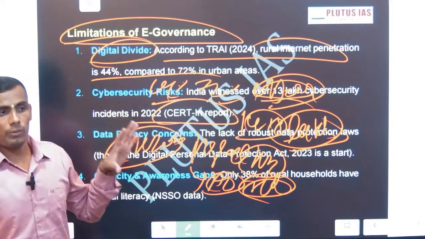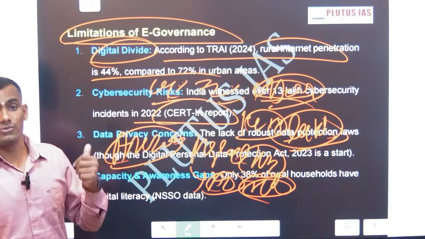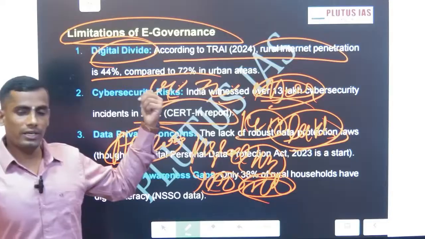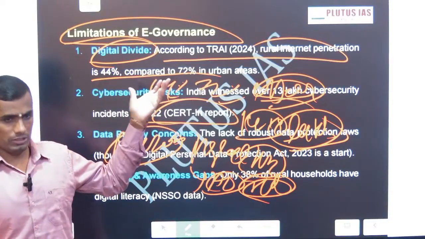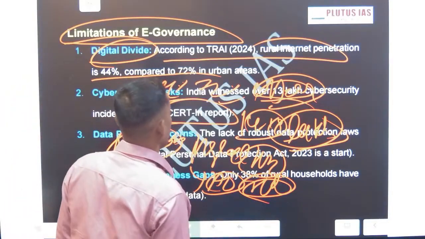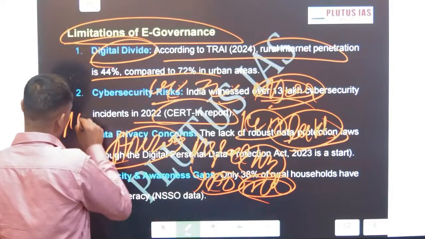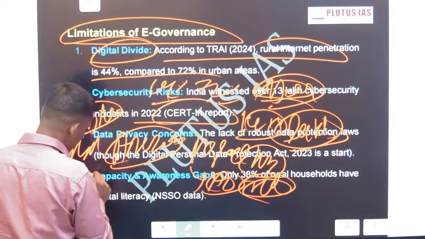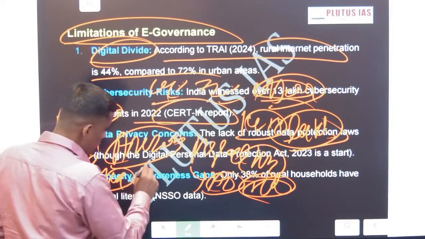Then automatically the fourth comes with the digital infrastructure. This is just internet and mobile phone connections. But if you see mobile phone penetration in urban and rural areas, there is a sharp divide.